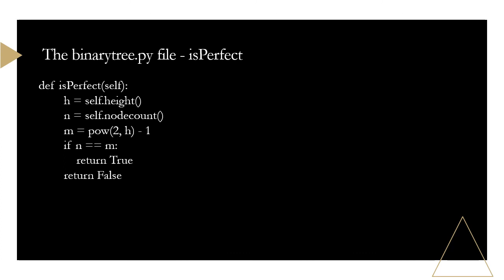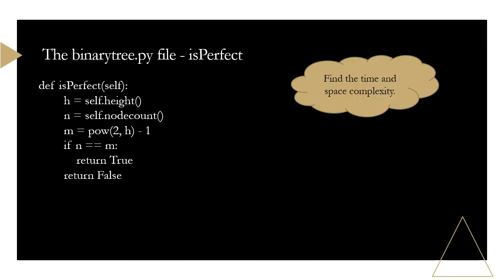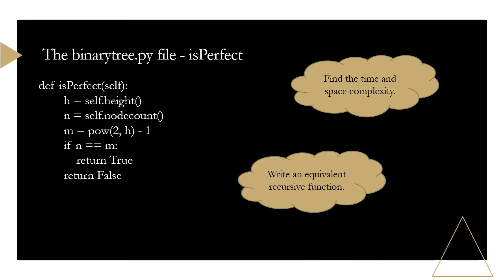Then we compare the actual number of nodes with the number of nodes from the formula. And if both of them are equal, then we return true. Otherwise, we return false. Find the time and space complexity of this function and write an equivalent recursive function.